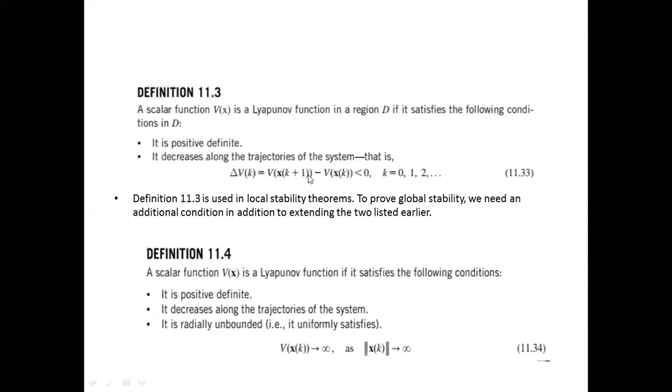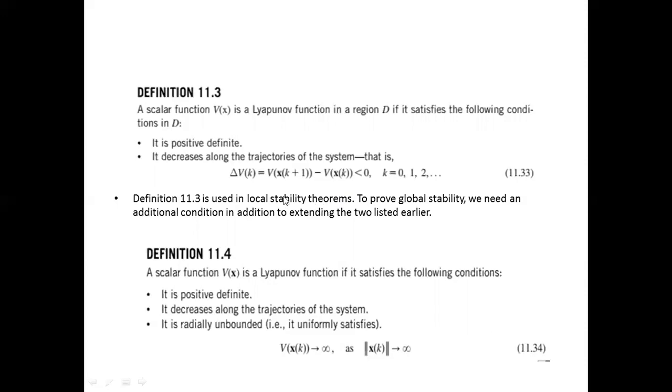That's why it is less than 0. That means as the time progresses, this future state will get the value nearly equal to 0. That's why this term is less than 0. That means you can say the system is stable.